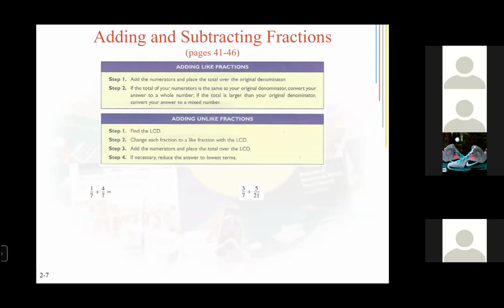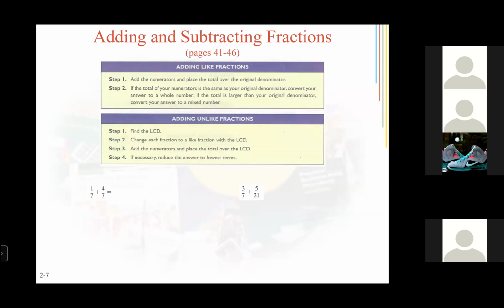What makes them unlike? The denominator. Okay, so what about the denominator for like fractions? For the first example, you could use 7 as the denominator. For the second one, because the two denominators are different, you have to use a number that could go into both.